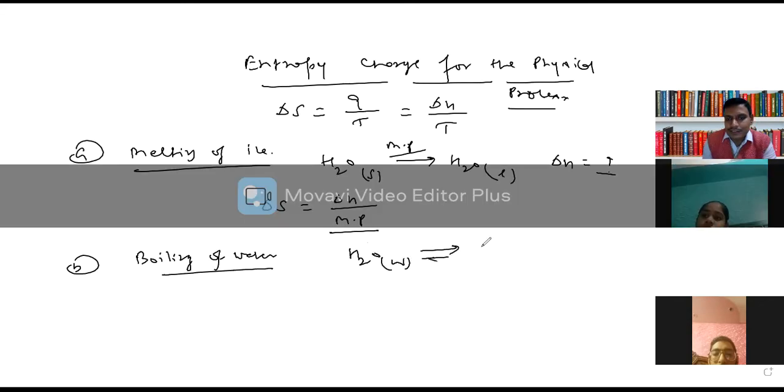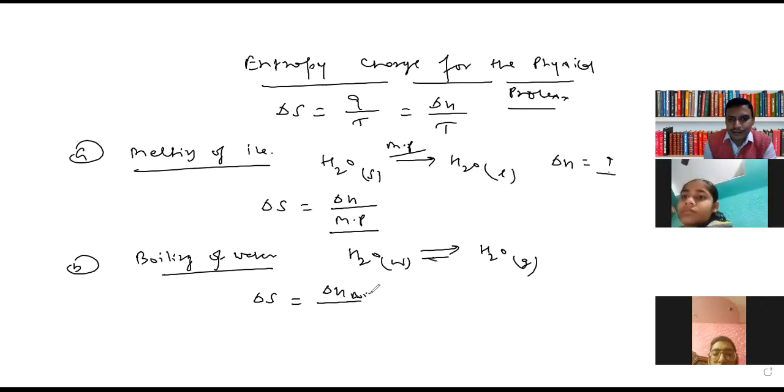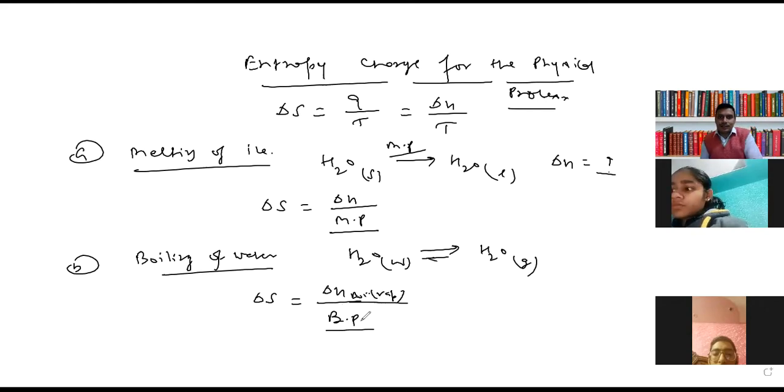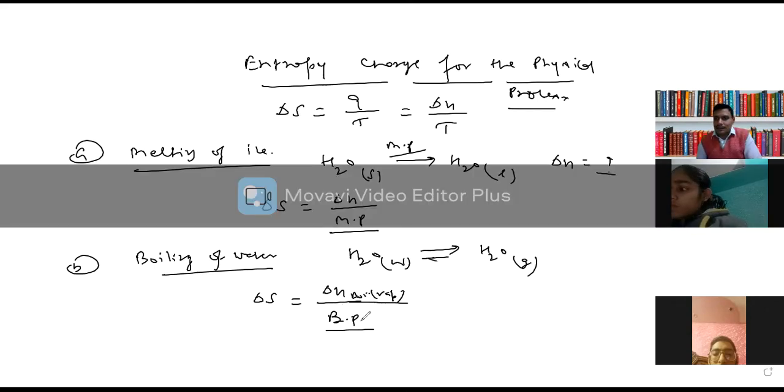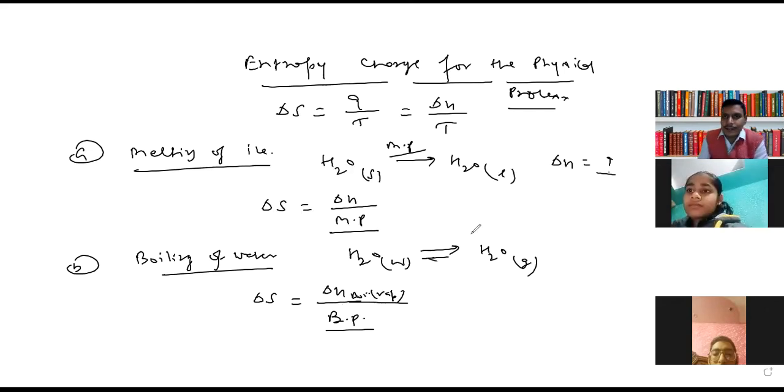In that process, H2O converts into gas. Delta S will be enthalpy change of boiling or vaporization divided by the boiling point. This is how you can calculate the entropy change for any kind of physical process, right? Take the screenshot of this, okay?